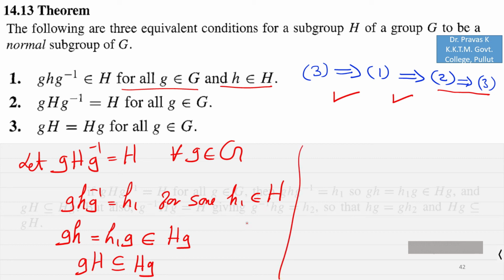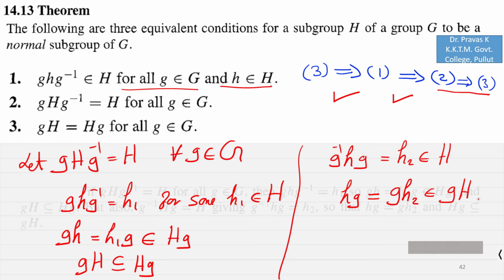Now to prove the reverse part, we start with the condition 2 but with an element of the form g inverse in capital G. So thus we have g inverse hg is an element of capital H, which means that it is some h2. So modifying, you can have hg is equal to gh2, which is an element of the form gH.